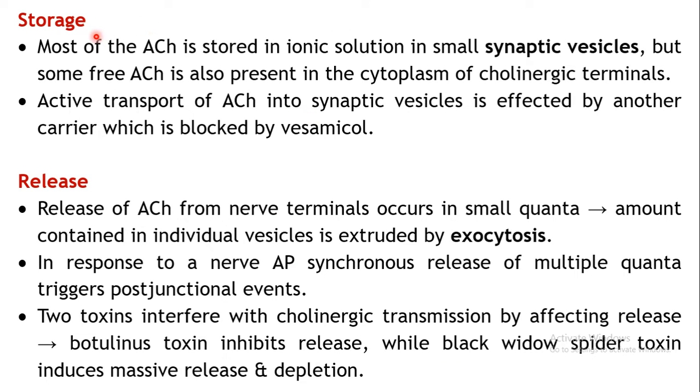Next is the storage of acetylcholine. Most of the acetylcholine which is formed within the cholinergic nerve terminals is stored in the form of an ionic solution in the synaptic vesicles.